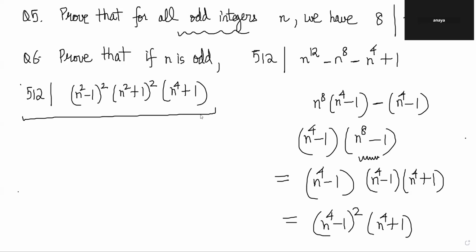We have to prove that 512 divides this whole thing. 512 is, by the way, 64 into 8. So it is 8 cube.